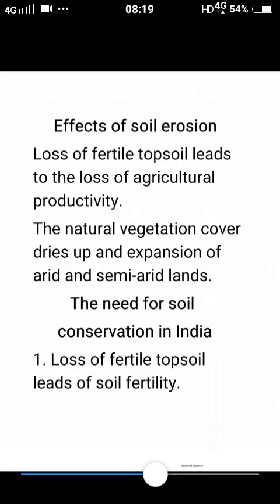It means the maintenance of soil fertility is a requirement for agriculture. So the fertile topsoil needs safety from this loss. So this is the need for soil conservation in India.